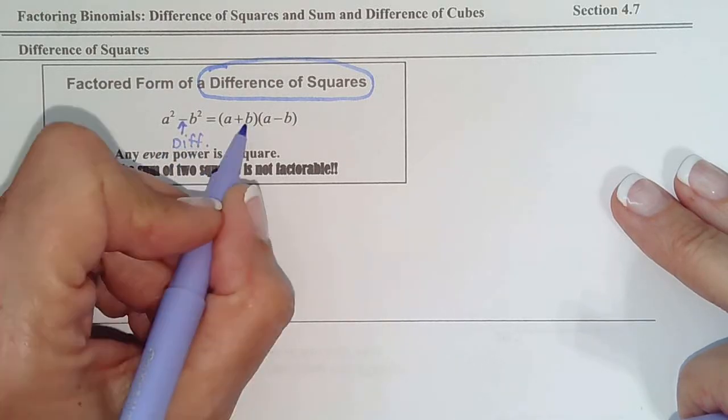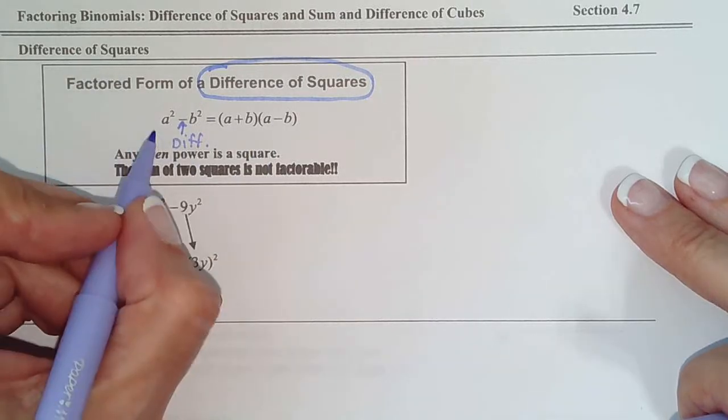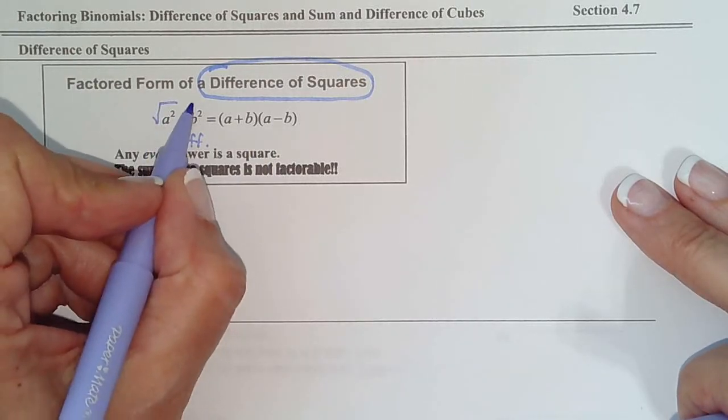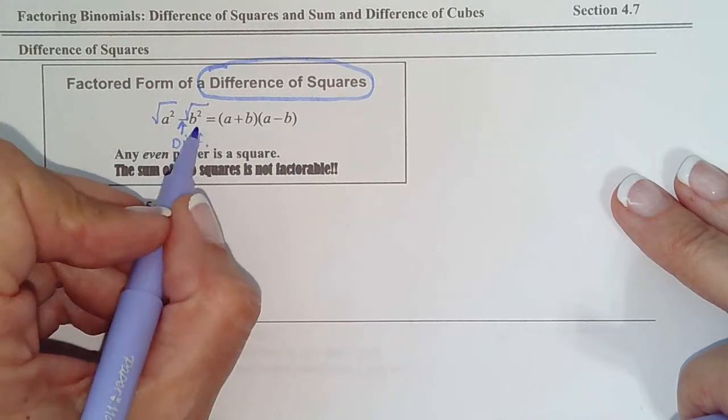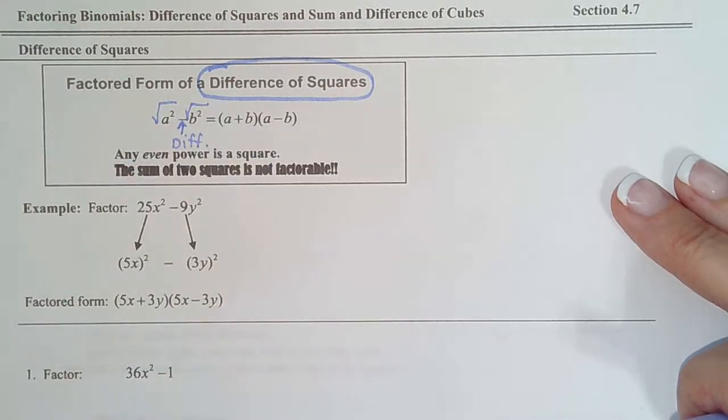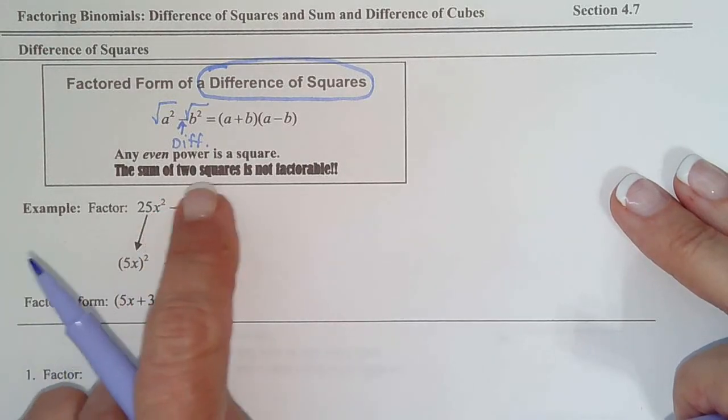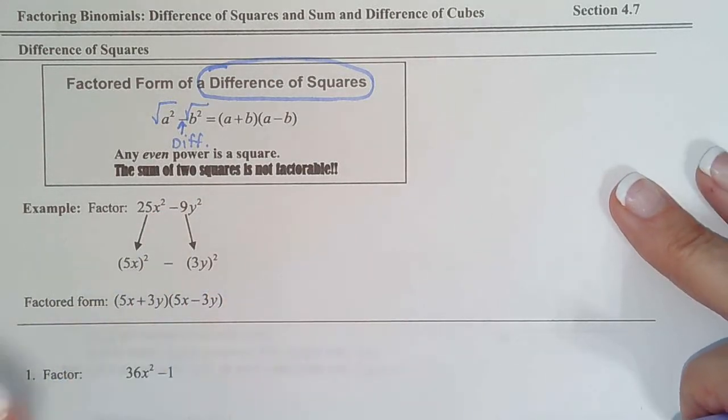So we do 1 plus and 1 minus, and then we just do square roots. Square root of a squared is a, so you put that in both the first slots. Square root of b squared is b, you put that in both the second slots, and you're done. The one thing you have to be careful of, though, is a sum of squares is not factorable.